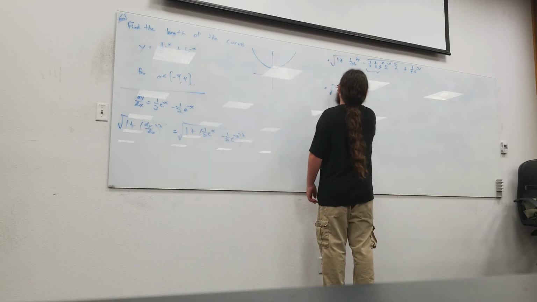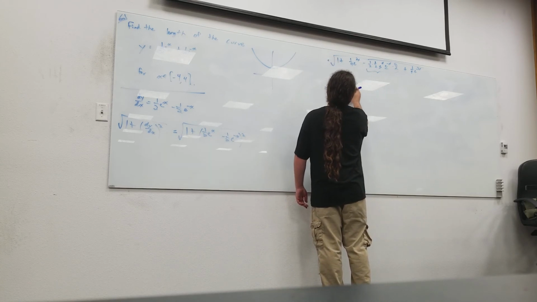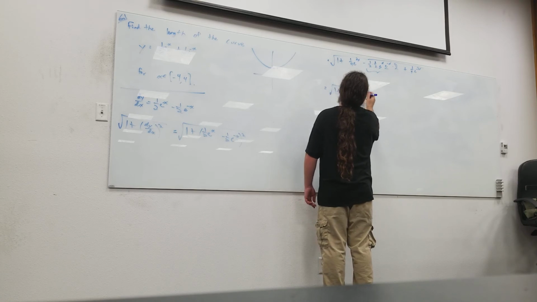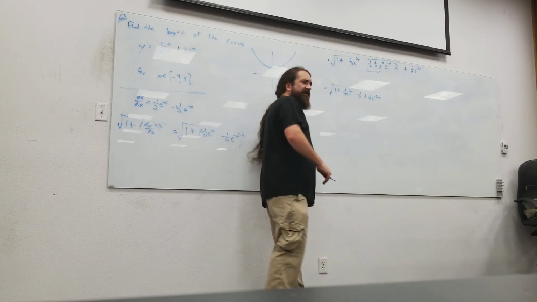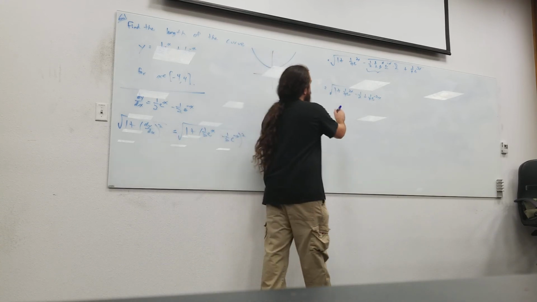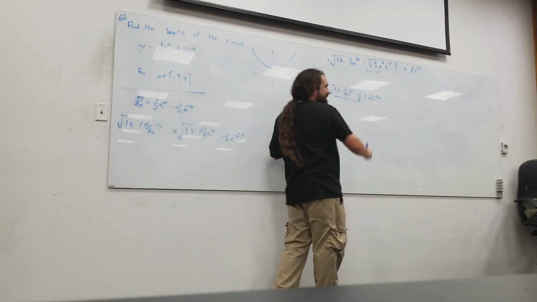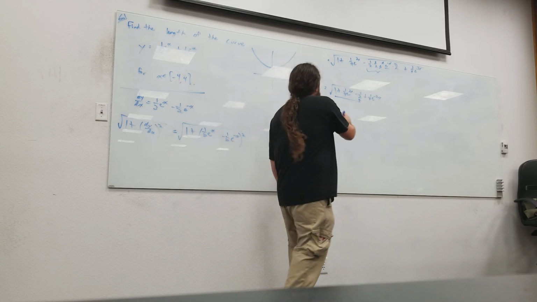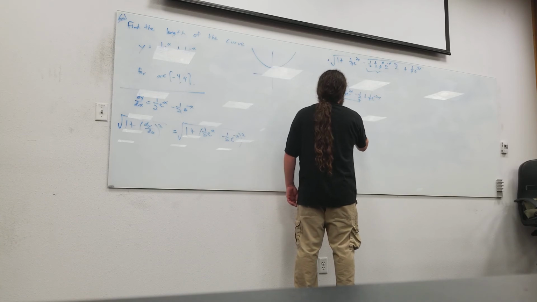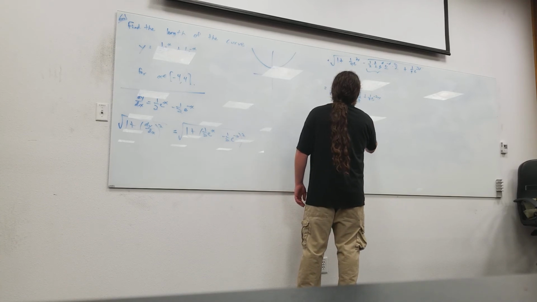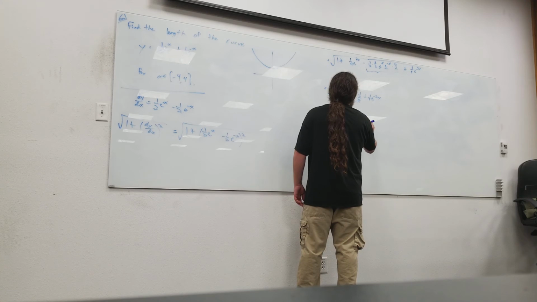So I've got the square root of 1 plus 1/4 e to the 2x minus 1/2 plus 1/4 e to the negative 2x. And you can see exactly what's going to happen here. You see that your positive 1 just flips the sign on this middle term. So this is actually 1/4 e to the 2x plus 1/2 plus 1/4 e to the negative 2x.